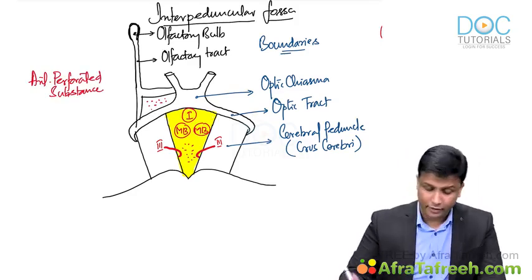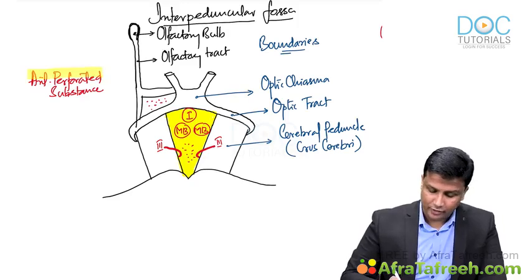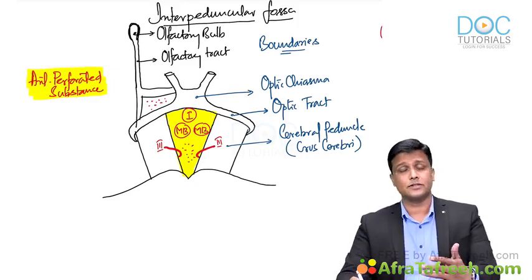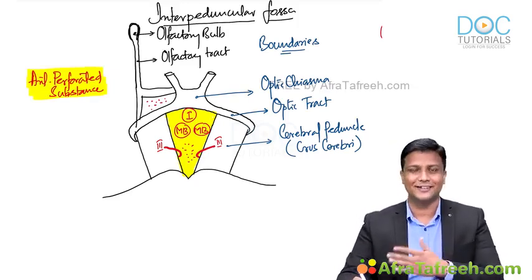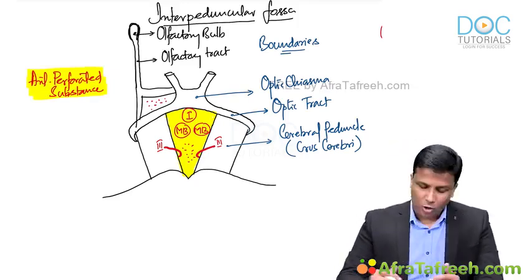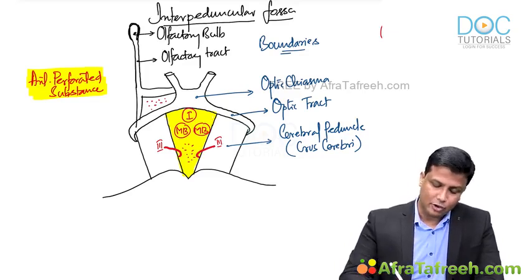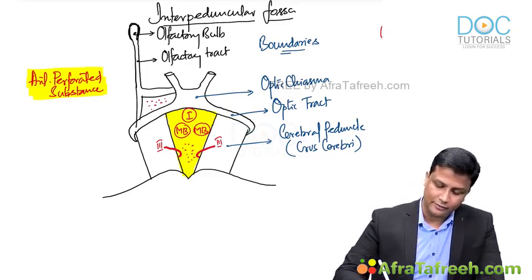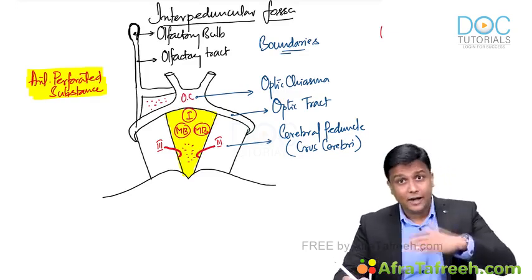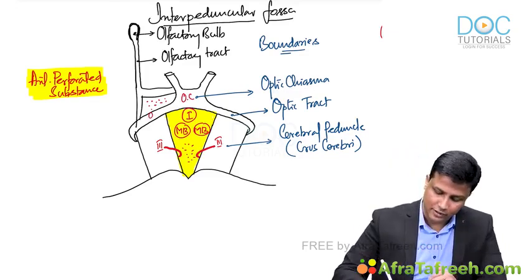Now why is this important? Why is this anterior perforated substance important? Because recently in the exam they have asked the boundaries of the anterior perforated substance. Now the good thing is, the way we are learning here, guys, you already know the boundaries. On the medial side you will be able to appreciate the optic chiasma, and just behind that, posteriorly you will have the optic tract.